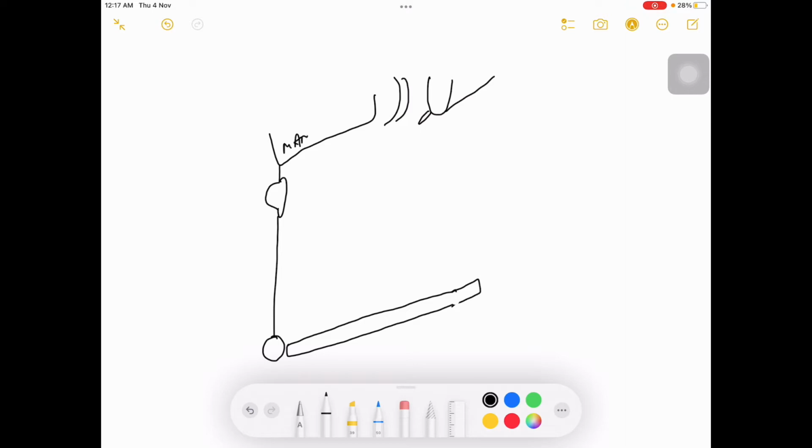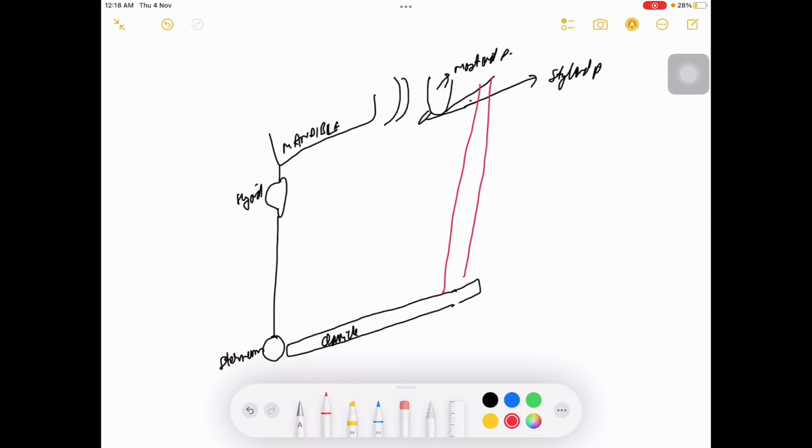This is mandible, this is hyoid, this is sternum, this is clavicle, this is mastoid, this is styloid. The posterior boundary was the trapezius, that is the anterior border of the trapezius.